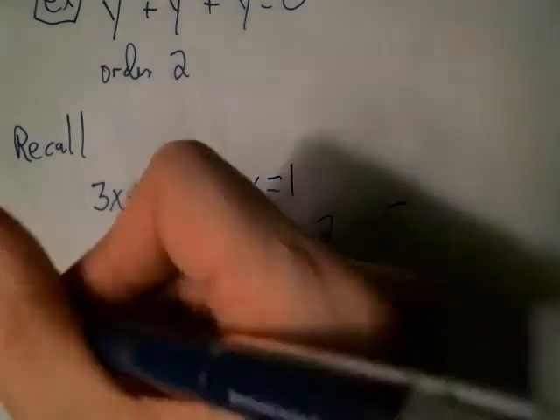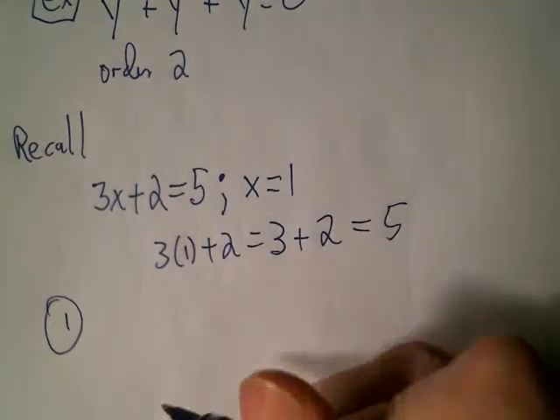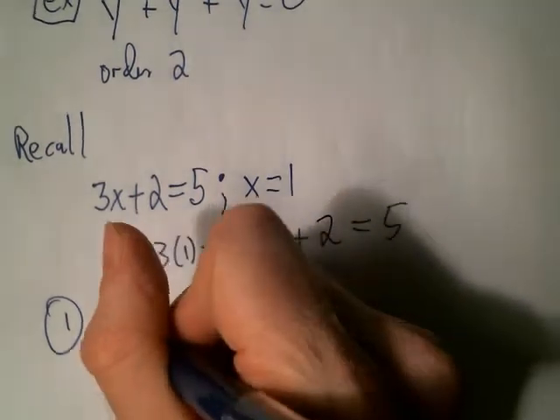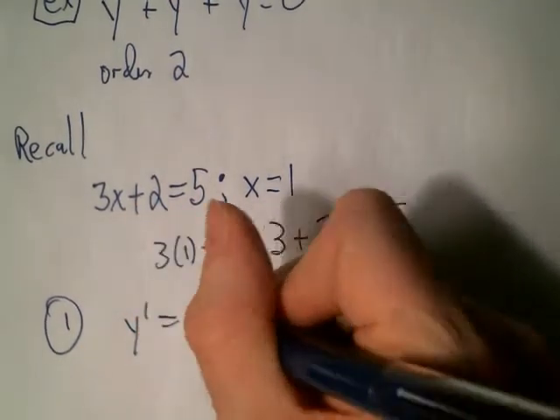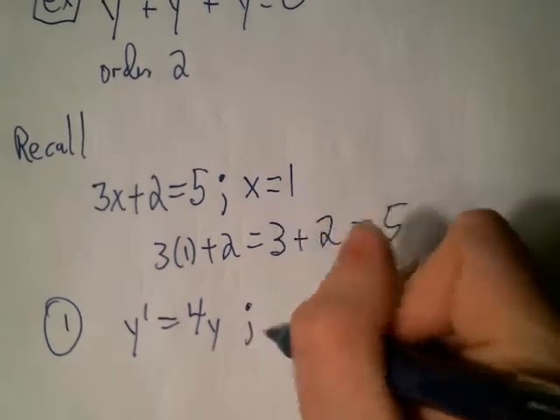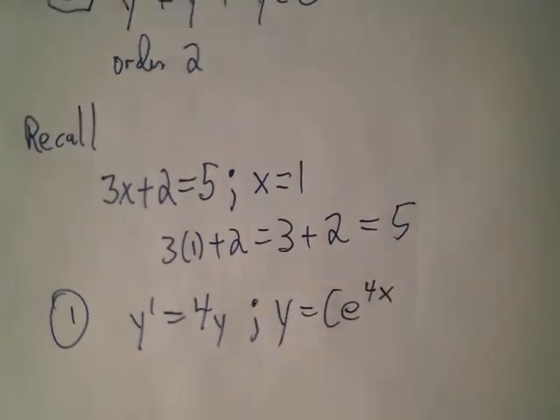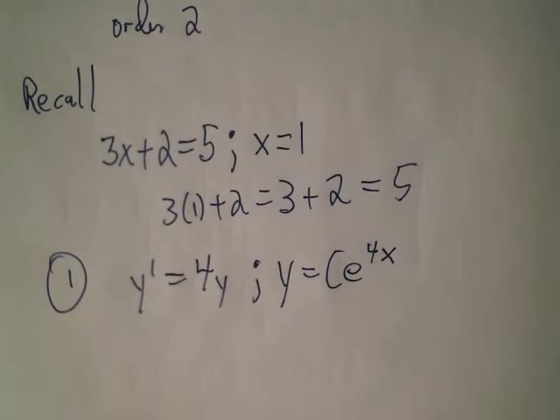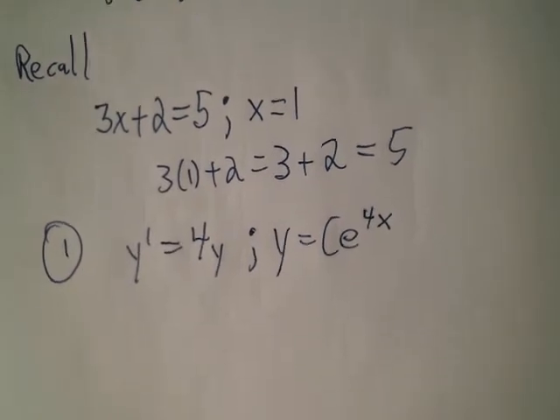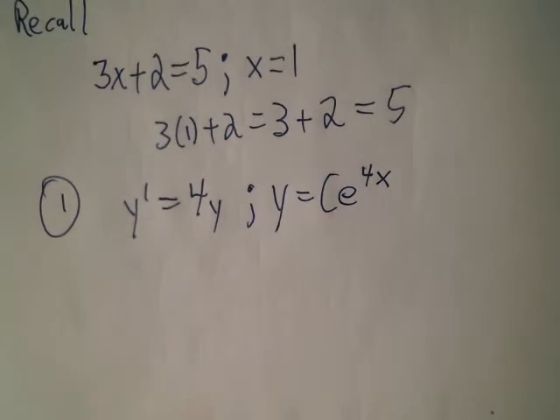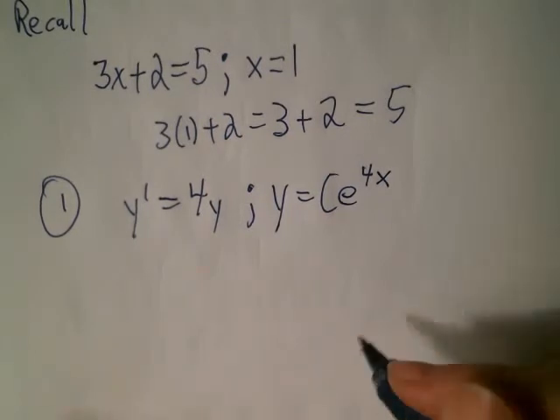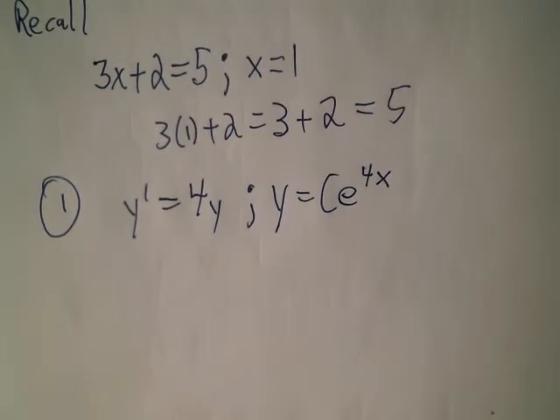We want to verify whether or not this thing is a solution to the differential equation. They give us the differential equation as y prime equals 4y, and then y equals c e to the 4x is our potential solution. The way you want to do it, and the way at least they'll teach you in some differential equations classes, is start on one side of the equation and move to the other.